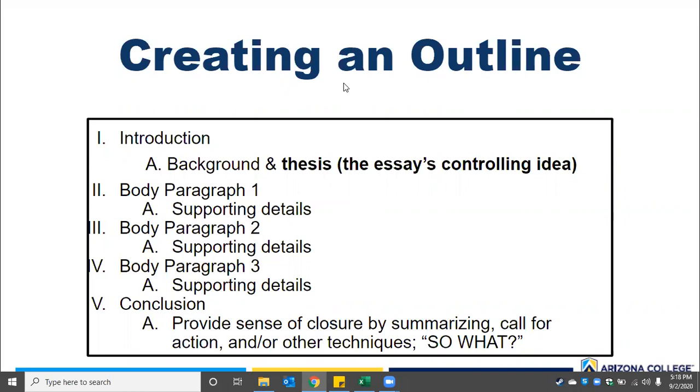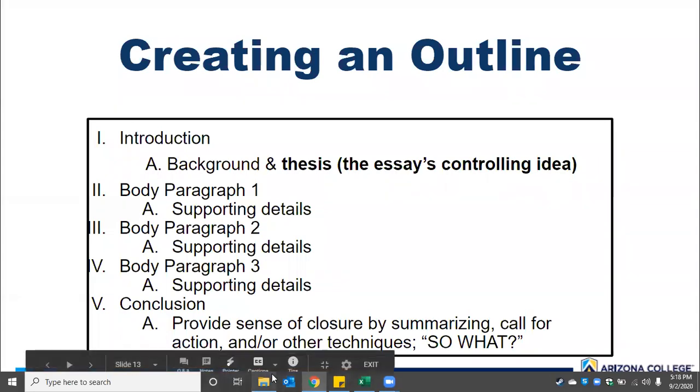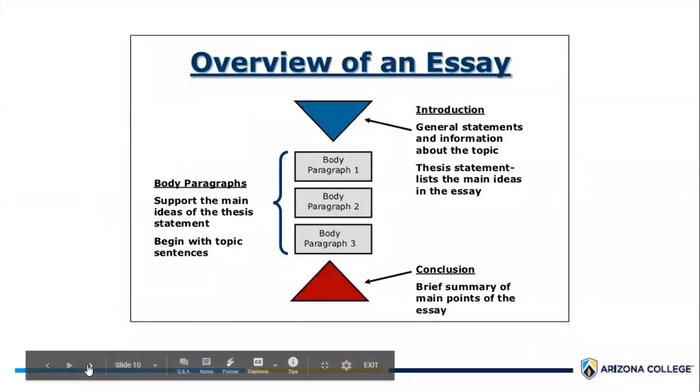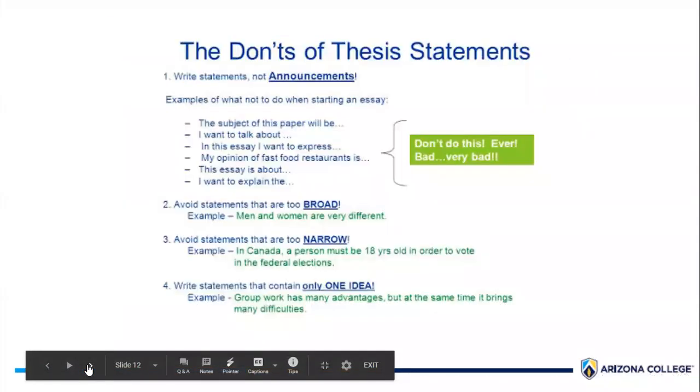All right. So creating an outline, we looked at our graphic organizer of an essay back here, right? So this is just an outline form of that same idea.